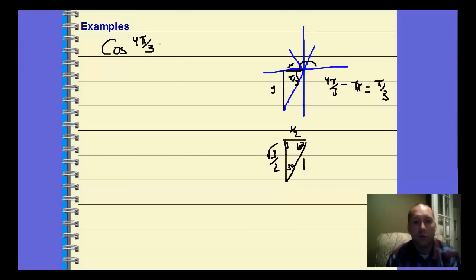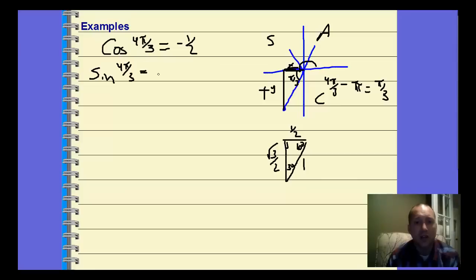So the cosine of 4 pi thirds is going to be just the x value here, which would actually be -1/2, because we're in the third quadrant, and it's all students take calc, so cosine's got to be negative. The negative is the x value here. If I wanted to find the sine of this value, I can find that pretty quick here.